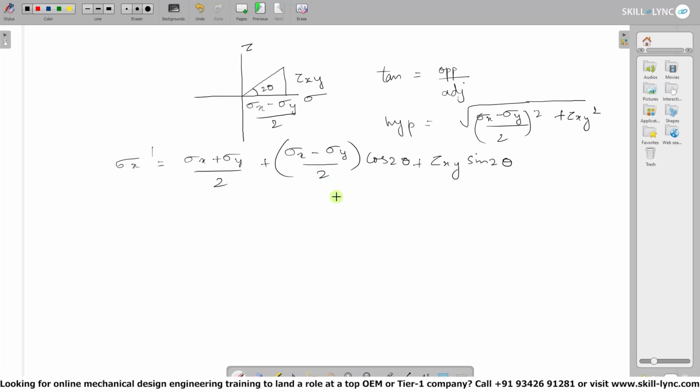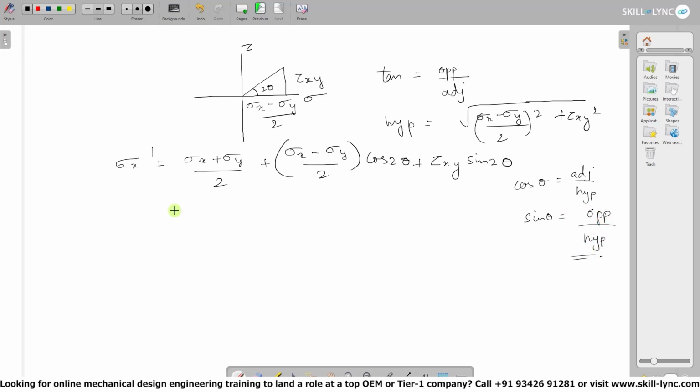Now that we know what values we have in the hypotenuse, opposite and adjacent side of 2 theta, we can substitute values for cos 2 theta and sin 2 theta, because we know that cos theta is equal to adjacent by hypotenuse and sin theta is equal to opposite by hypotenuse.